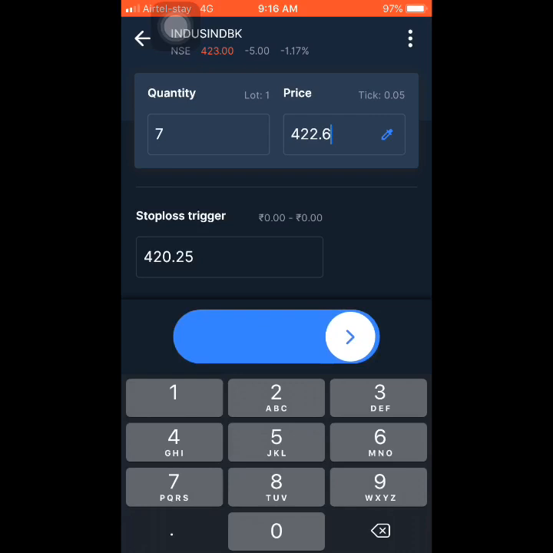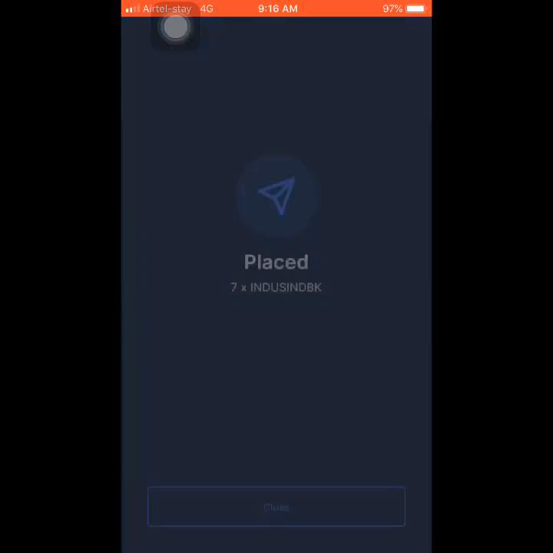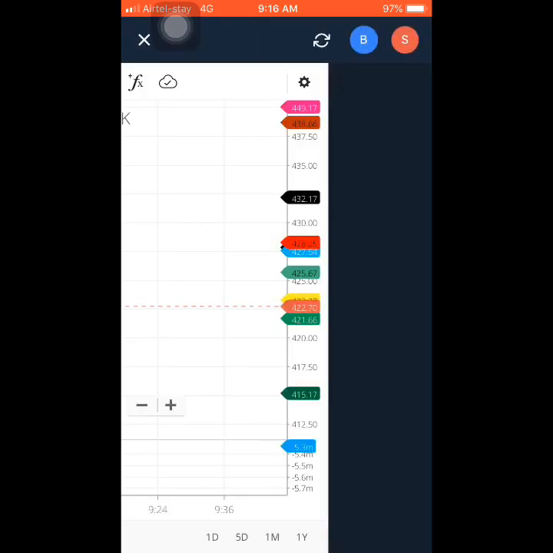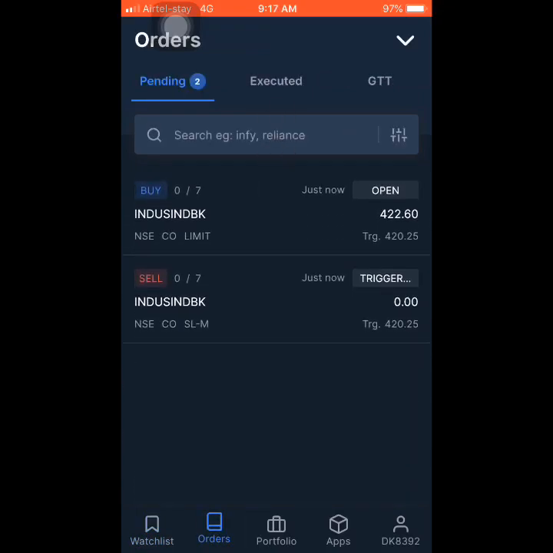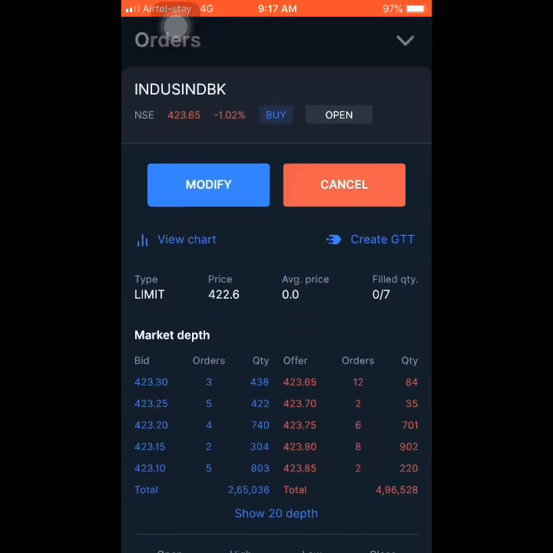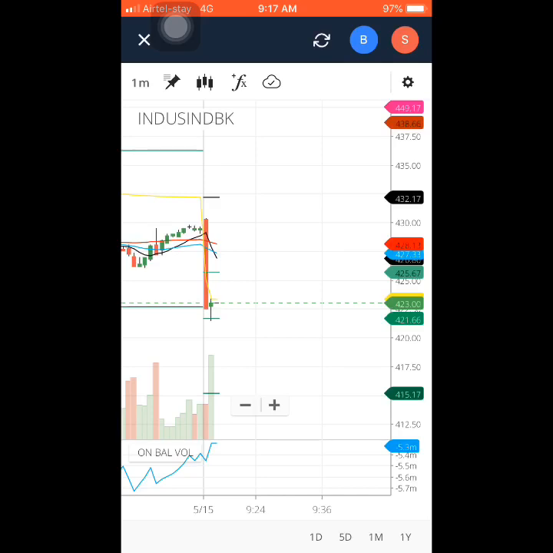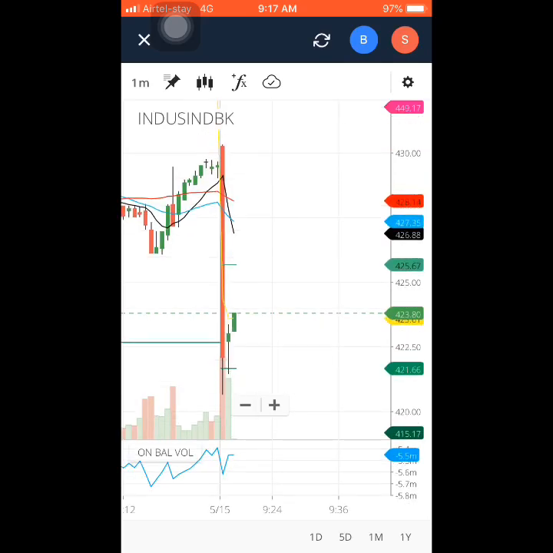Market stock has moved some upside. We are giving 426. If that is triggered, we may get it, or else leave it. We can find another trade. Let's see. Oh, 1 point up now. If there comes only 1 point down, then our trade will be triggered.